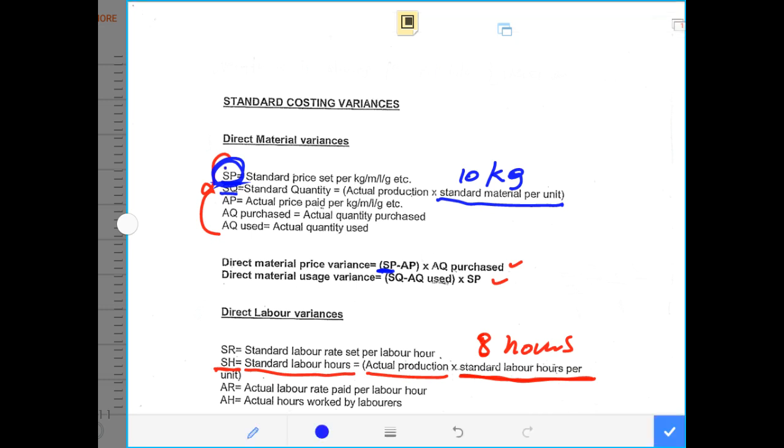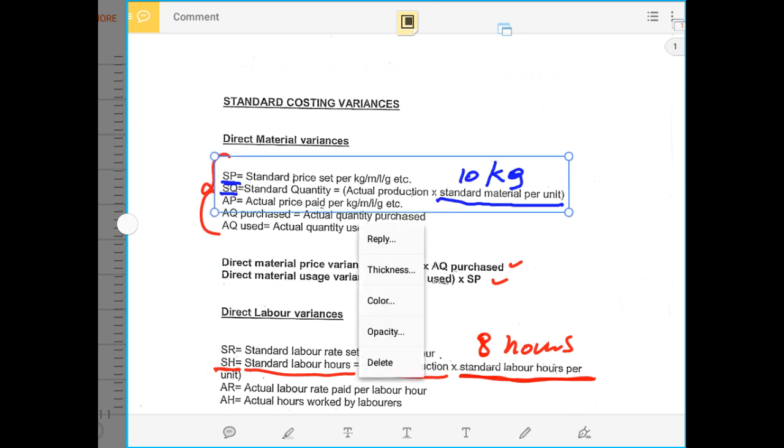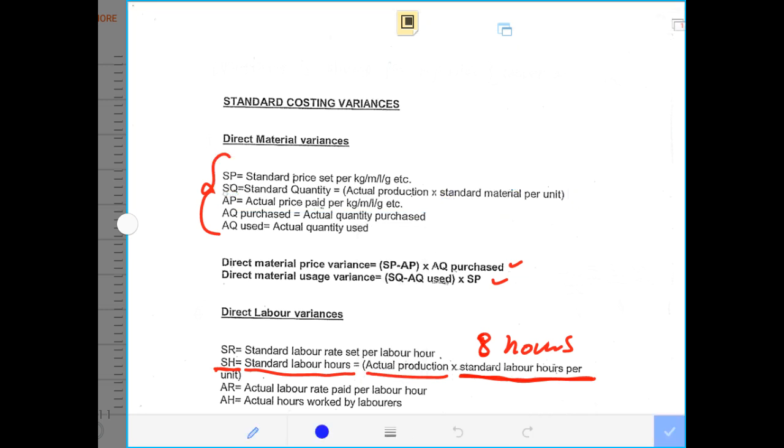When it comes to the standard quantity of material, we said that we need to know the actual production. Just to show you this once again, we said that standard quantity is equal to actual production times the number of material kgs it takes to complete 1 unit, which in this case was given to us.